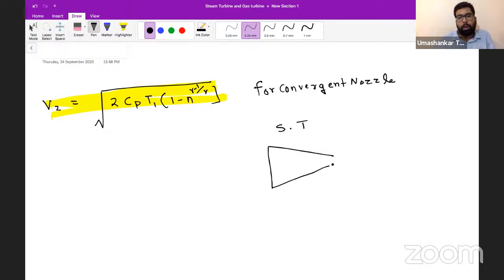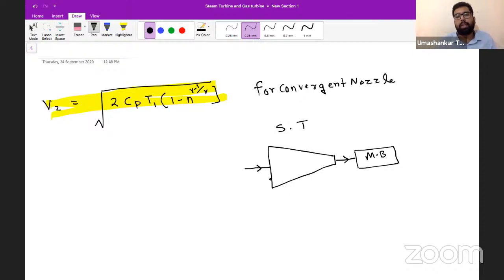After the steam leaves that nozzle, it will go to the moving blade. In this lecture, we will start analyzing the moving blade also. But before that, we should complete the analysis of this nozzle.